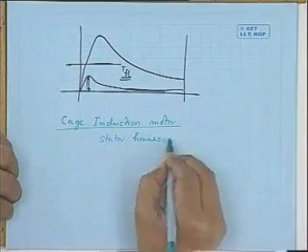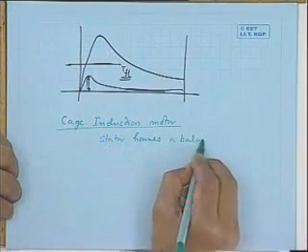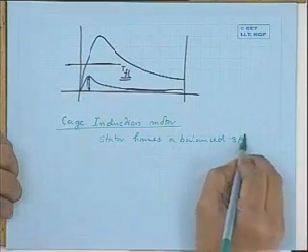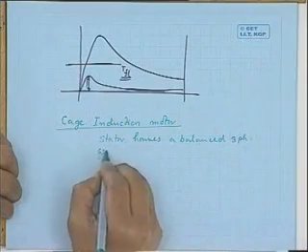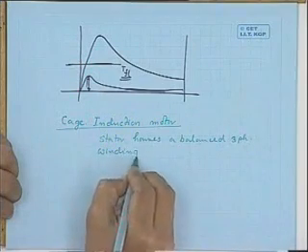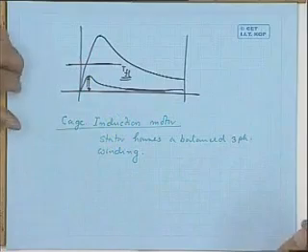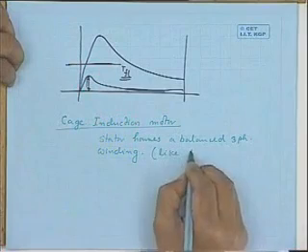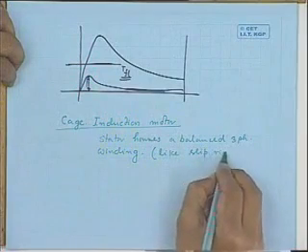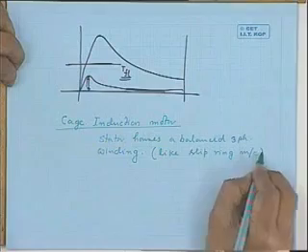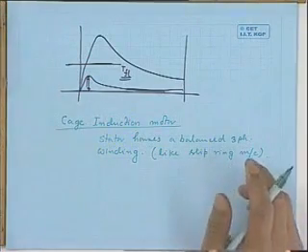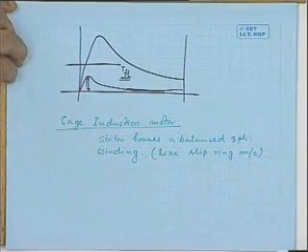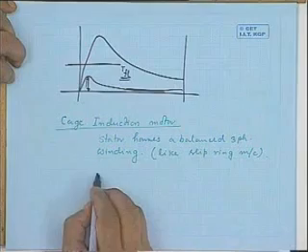In the case of a cage induction motor, the stator houses a balanced three-phase winding, just like that of the slip ring induction machine, no difference. But the rotor is different. That is what I am trying to tell.